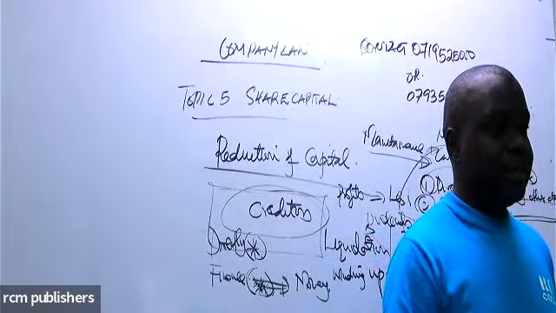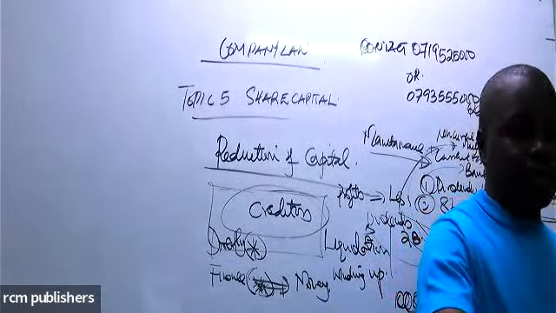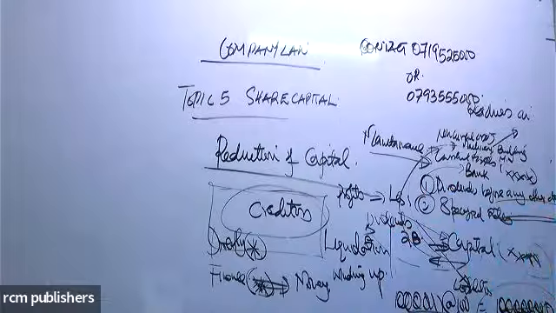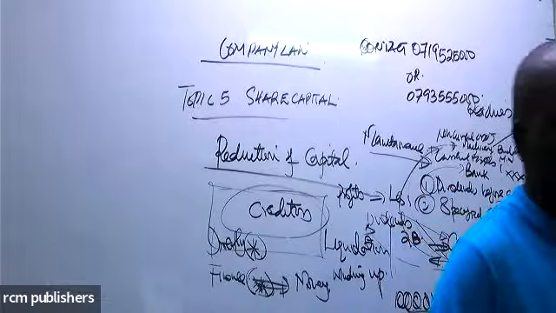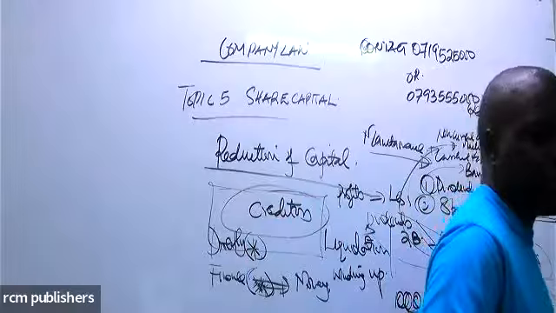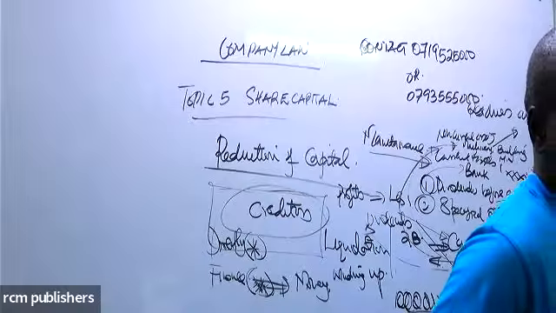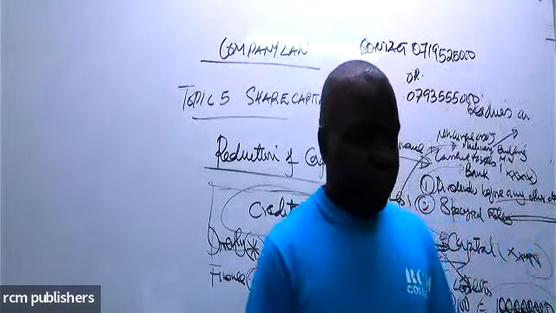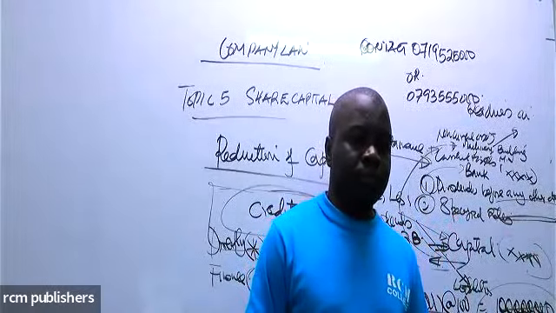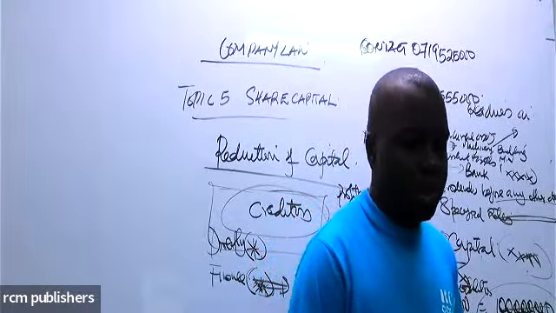You can check the notes for topic number 2, just after articles are embedded, the last thing under topic number 2: the doctrine of constructive notice, then the rule in Royal British Bank versus Turquand, the indoor management rule.